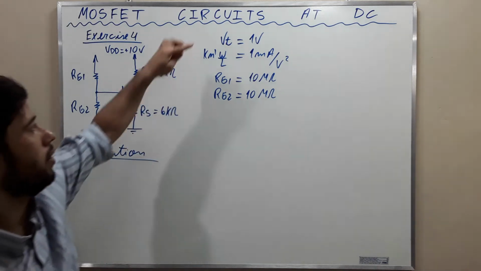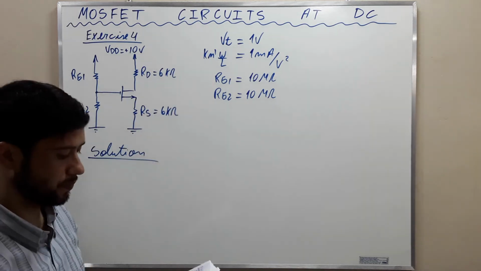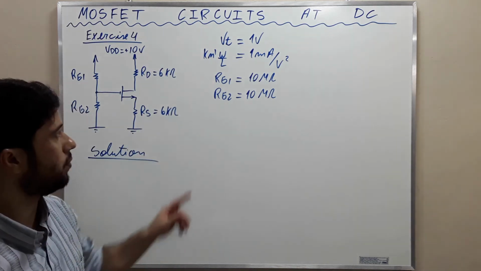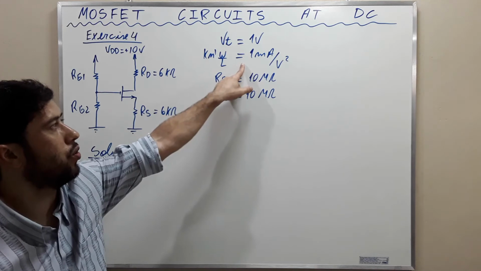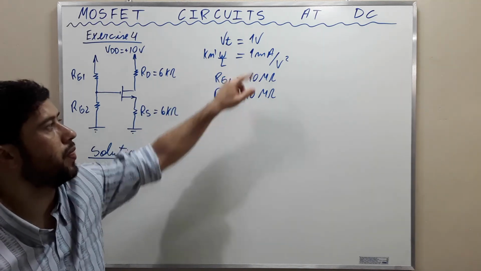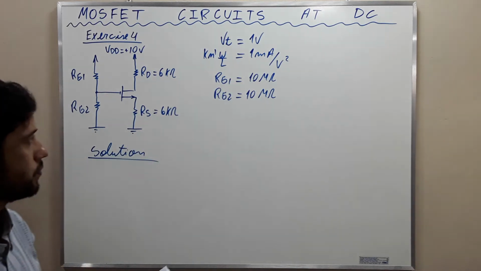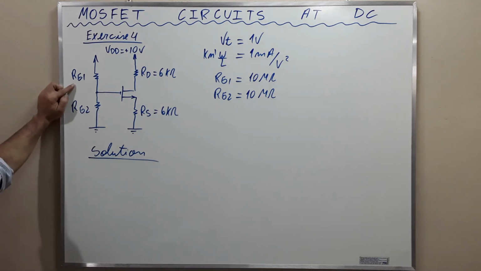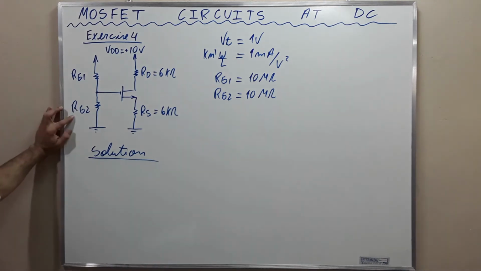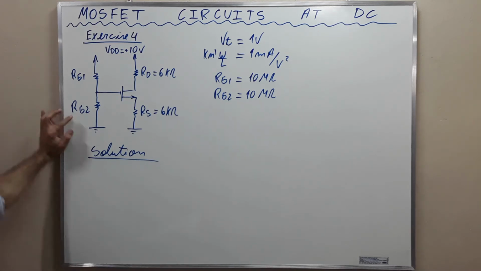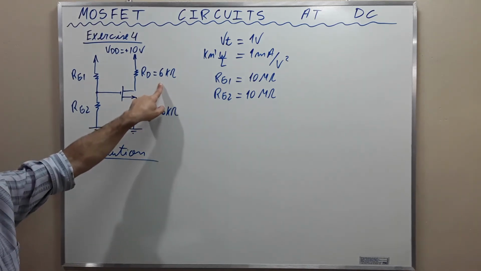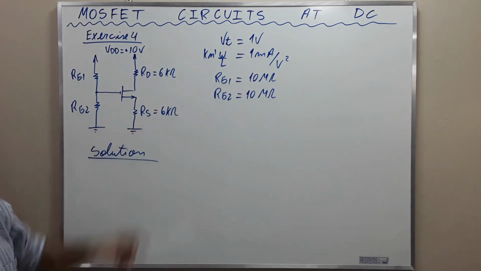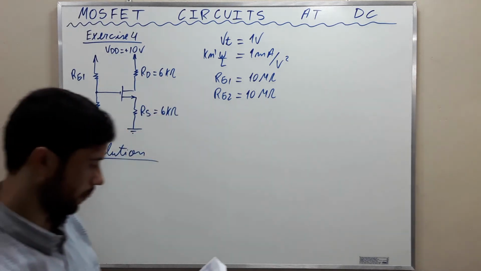Assume Vt equal to 1 volt, Kn prime W over L equal to 1 milliamperes per volt squared, Rg1 10 mega ohms, Rg2 also 10 mega ohms, Rd 6 kilo ohms, Rs 6 kilo ohms.